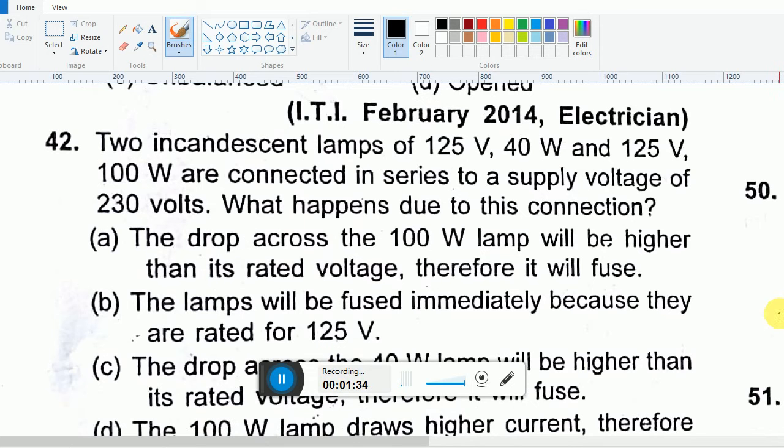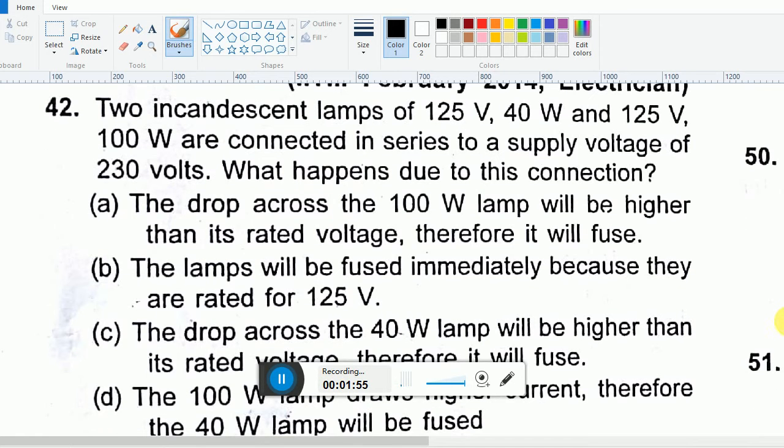Two incandescent lamps of 125 volts 40 watts and 125 volts 100 watts are connected in series to a supply voltage of 230 volts. What happens due to these connections?